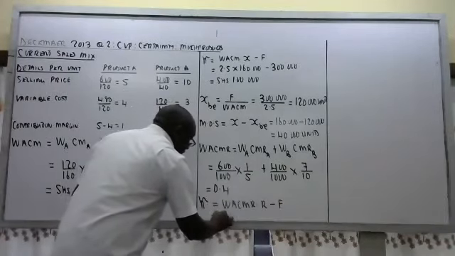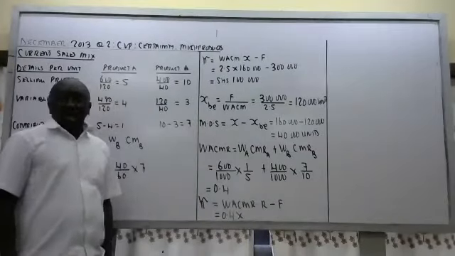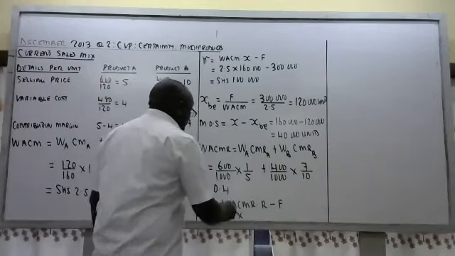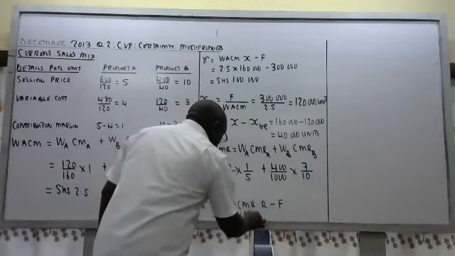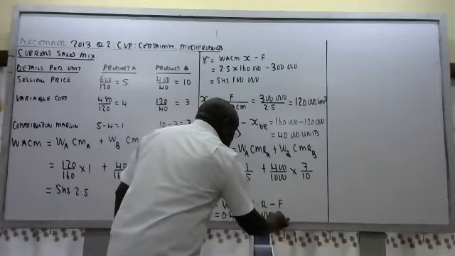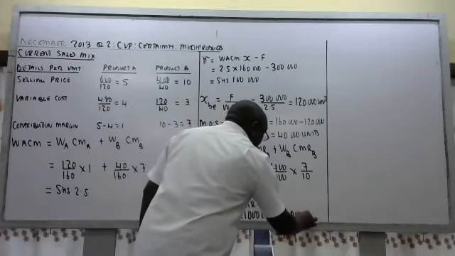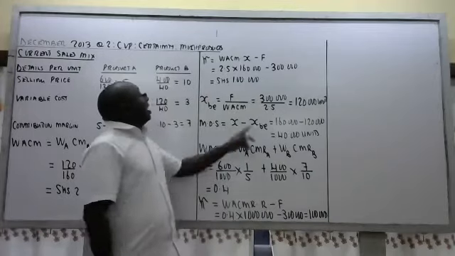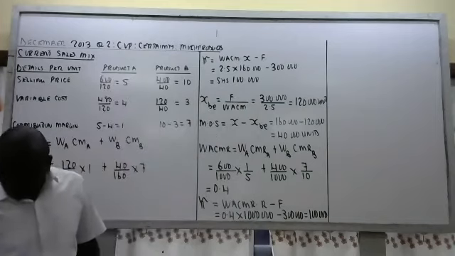So this will be 0.4 times the revenue. The whole revenue is 1 million, minus the fixed cost of 300,000. And this one again goes back to 100,000, this one that we had. It goes back to that.